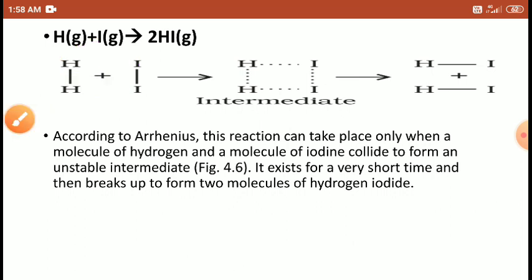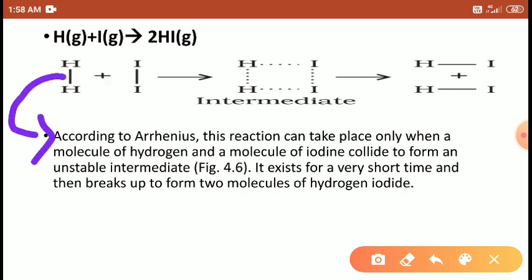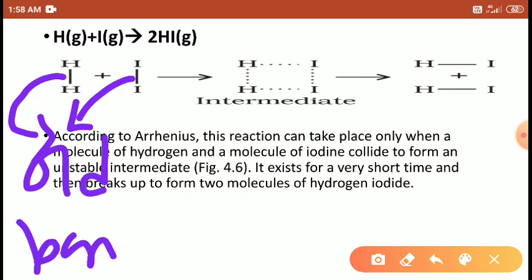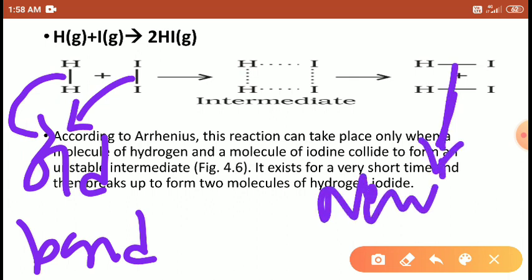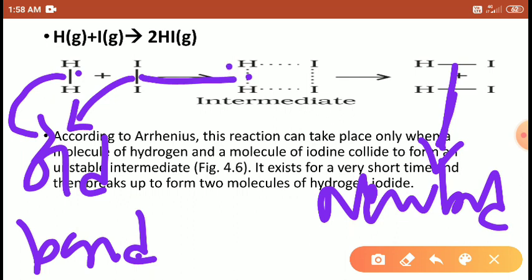So here this is the old bond, and this is what we call a new bond. Old bond, new bond. In the breaking of the old bond, the strong bond becomes weak here.